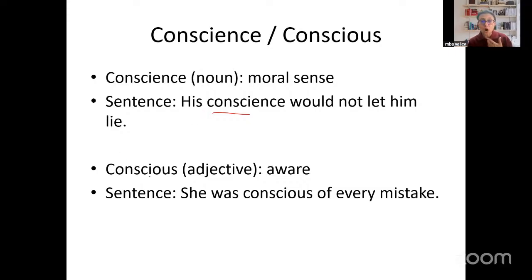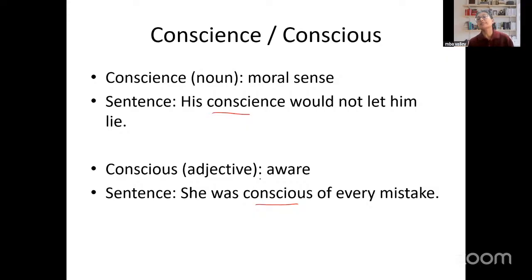The next word, conscious, is an adjective which means aware, to be aware about the surroundings or to be morally aware, right? Both ways, the meaning is the same, aware. She was conscious of every mistake. And in this, one more similar word comes, consciousness. Consciousness is what we call in Hindi as होश में रहना, right? To be aware about the surroundings, to be in your senses.